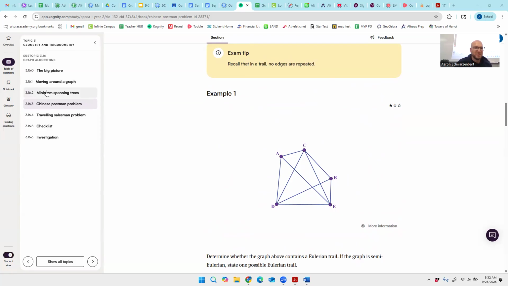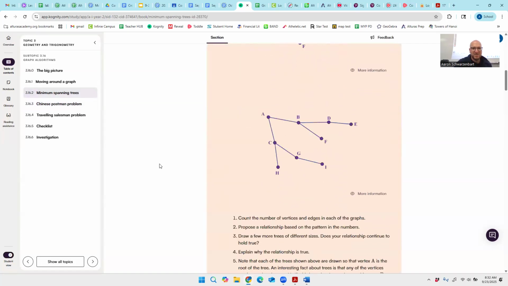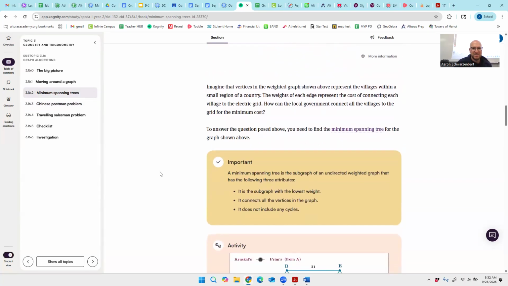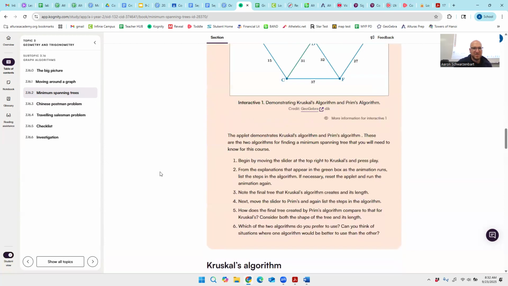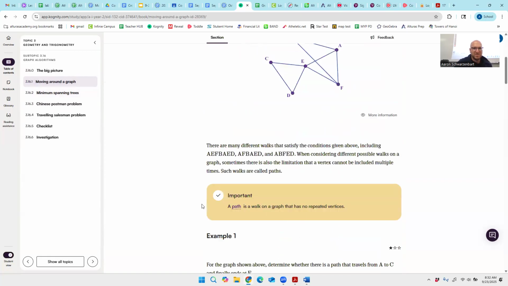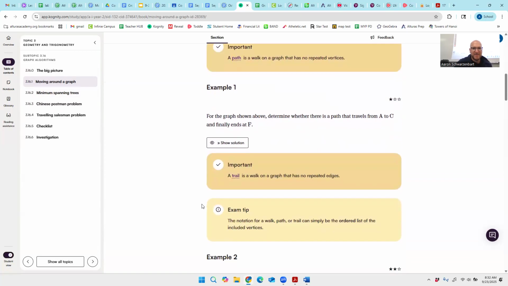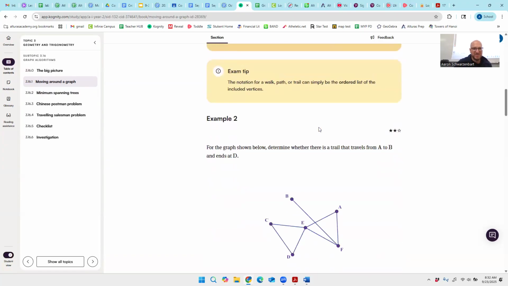Let's look at yesterday. A trail is a walk that has no repeated edges. A path has no repeated vertices.